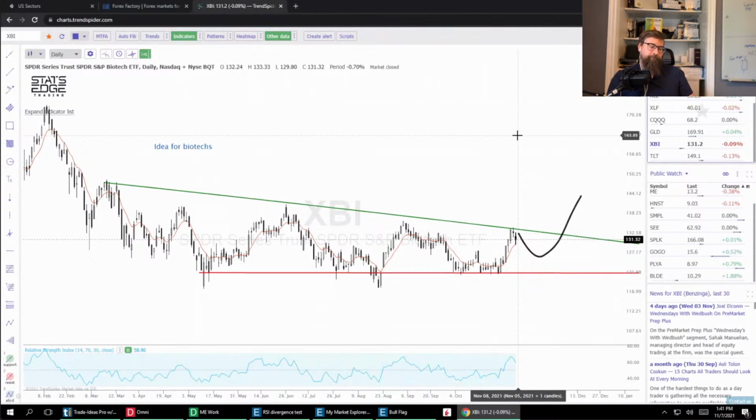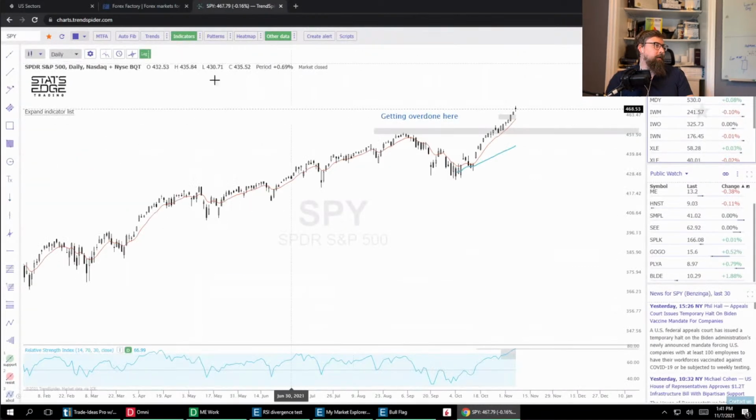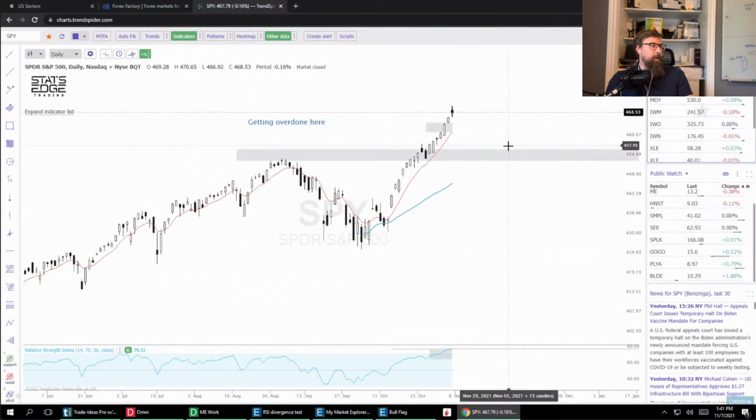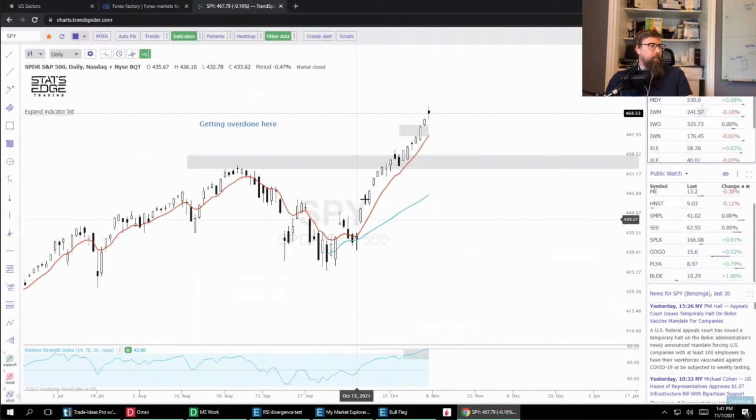We've been up. Let's go to the SPY, and we've been up. Other than this pullback, 1, 2, 3, 4, 5, 6, 7, 8, 9, 10, 15 days in a row with one tiny pullback.